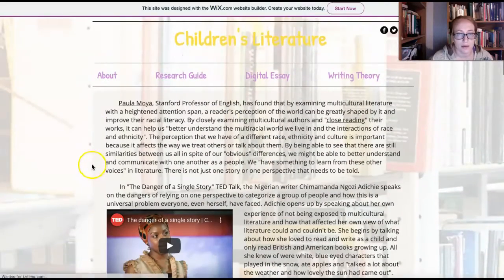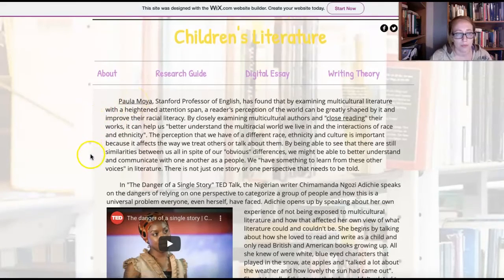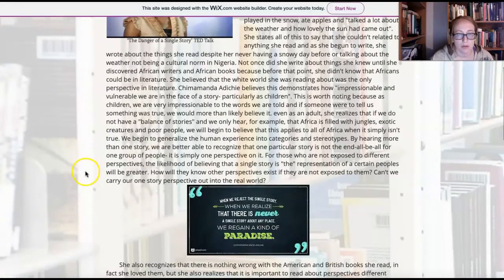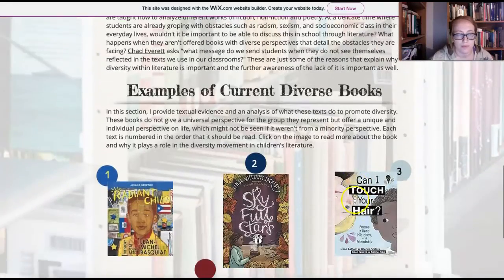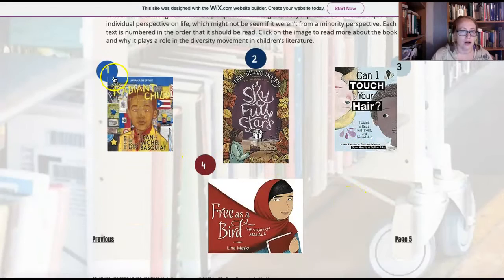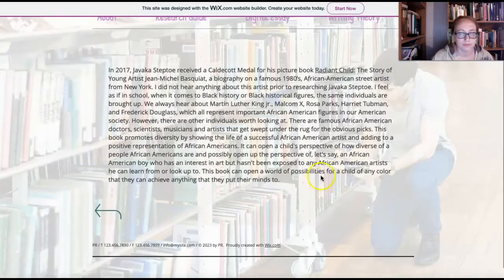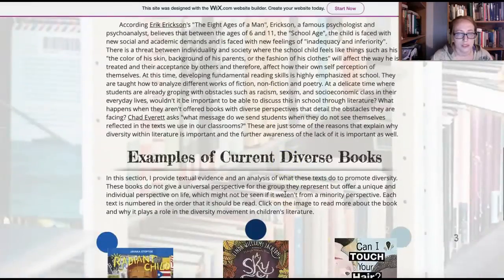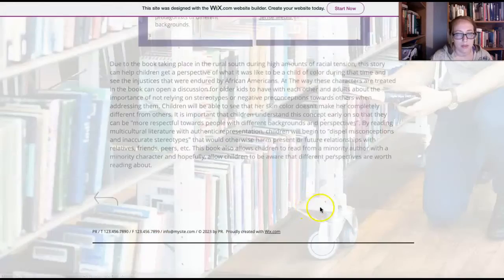She used hyperlinks throughout to take you to information about people, not just her sources, and did a really good job with using those. And then when you get here, you can click on different books and read commentary about each one. And in some of them, I believe she has some design elements as well.